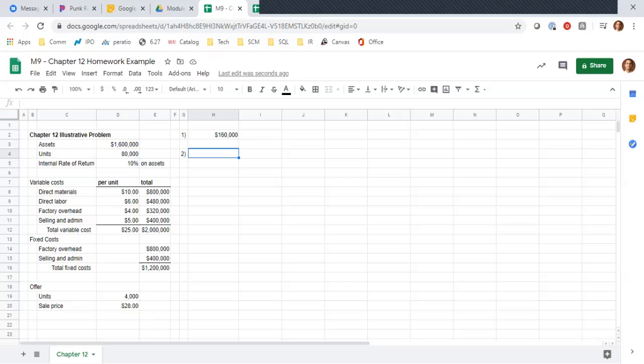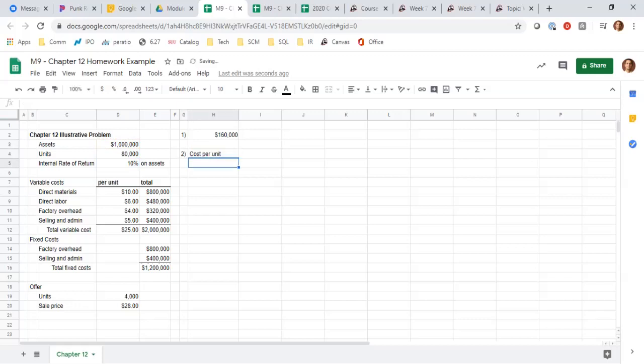Determine the cost per unit, the markup percentage, and the selling price. Okay, so let's do cost per unit, markup, and selling price.